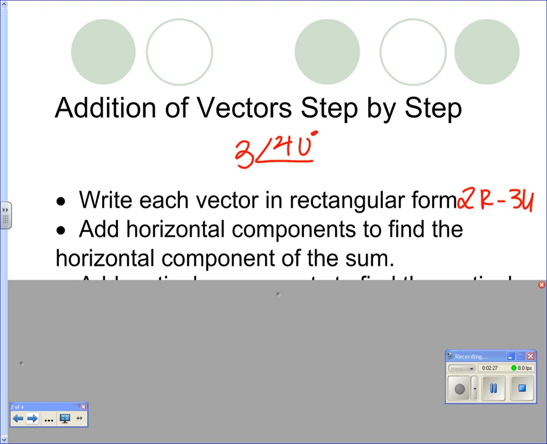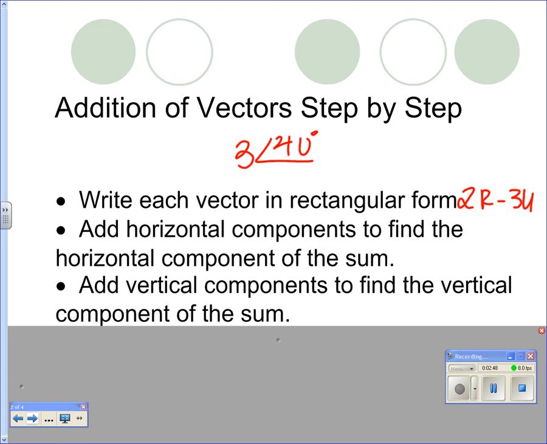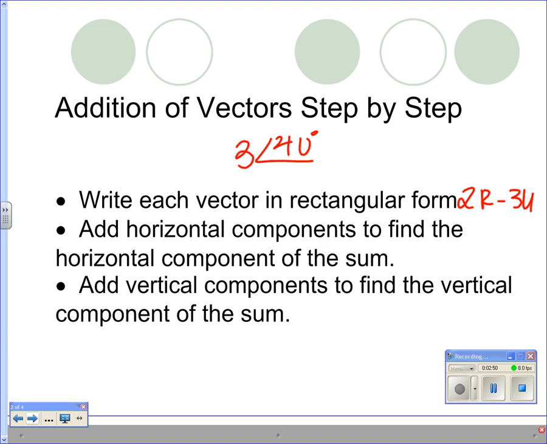The R. So you're going to add your R's together. And then you're going to add your vertical components to get the sum of the vertical components.